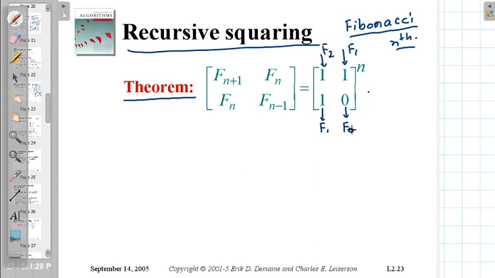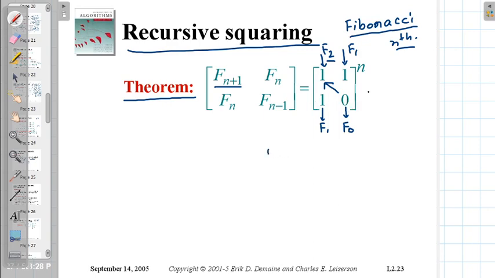So f0 plus f1, that is 1 plus 0 is 1, so that is f2. That is why it is written Fn plus 1, that is our f2. That means here n is 1, right? So this is f2, f1, f0 and f1. That we can represent with this matrix 1 1 1 0.